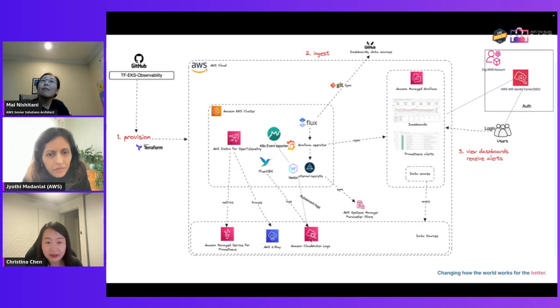For the logging part, we deploy Fluent Bit to collect all the container logs and push them to CloudWatch. On the cluster level, in order to collect the kube events logs, we have deployed a Kubernetes event exporter and Vector to push the logs to CloudWatch.